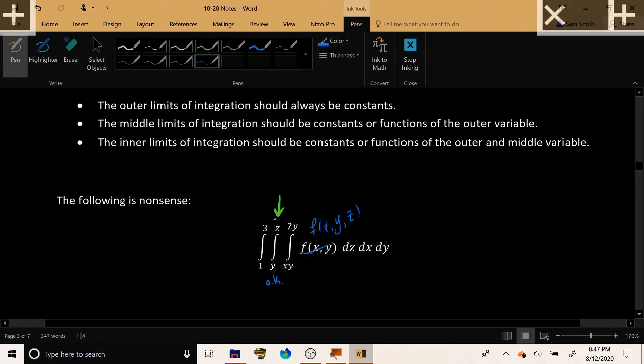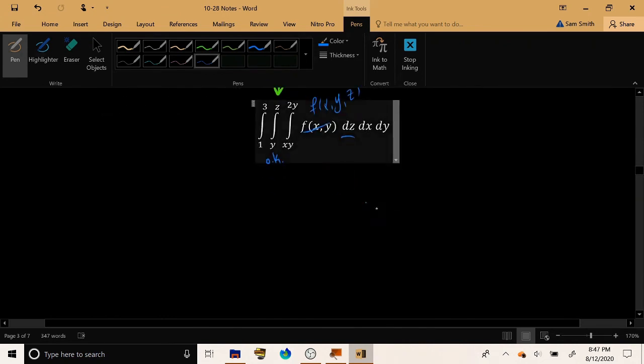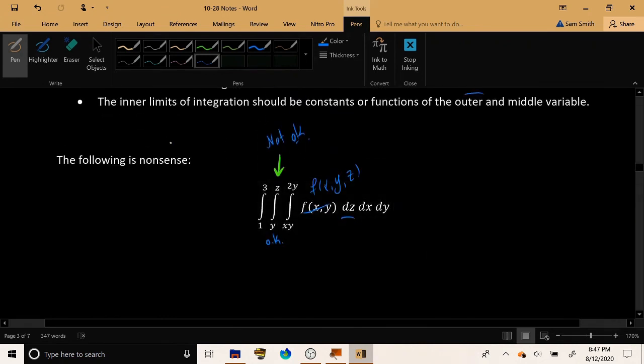But the z as the upper limit of integration is not okay, because that is an inner variable, not the outer variable. So that's disallowed. If you find yourself writing something like that, you know for sure, automatically it must be incorrect. Something has gone wrong, and it's time to stop and go back and try to find that.